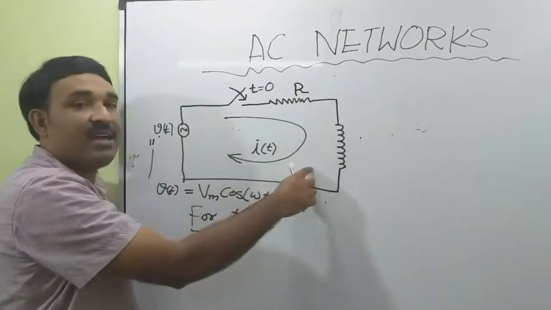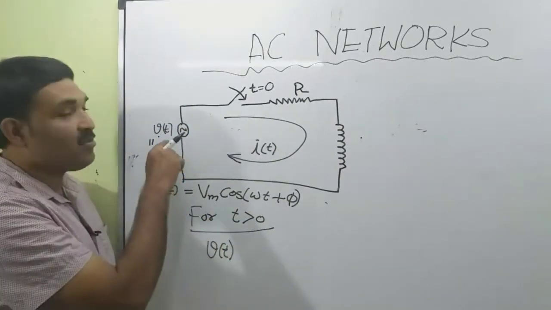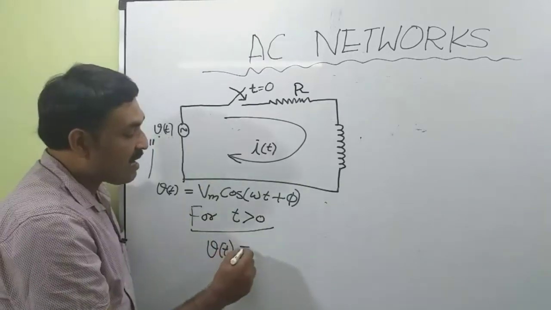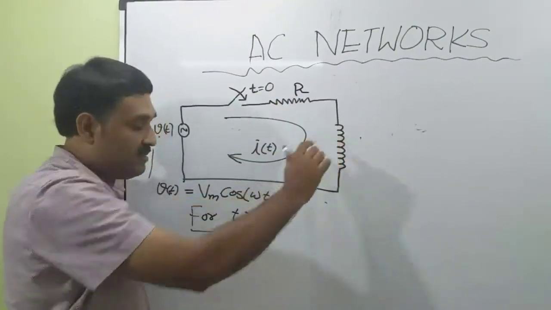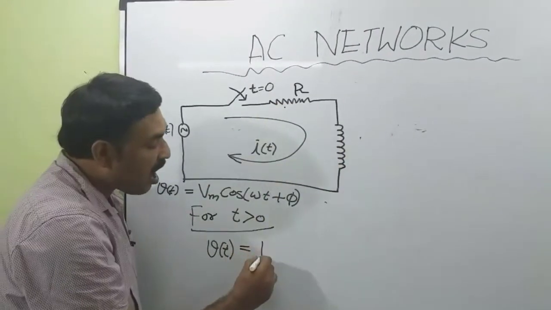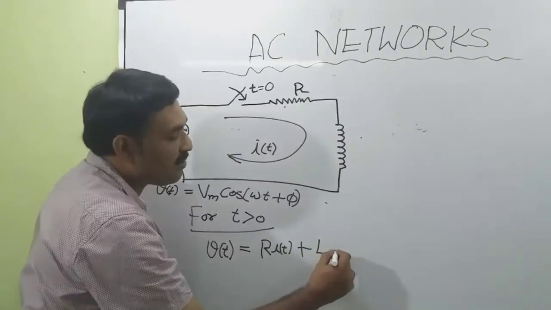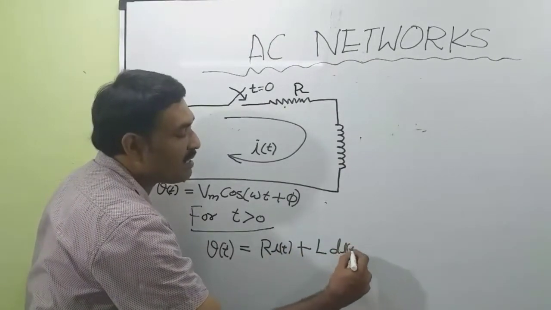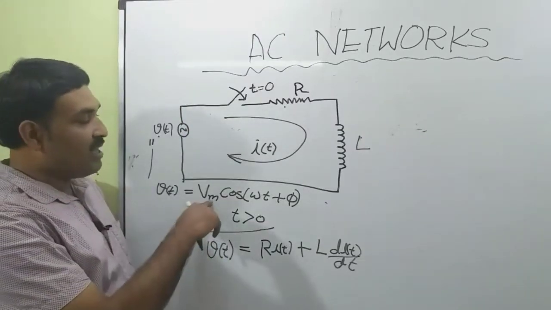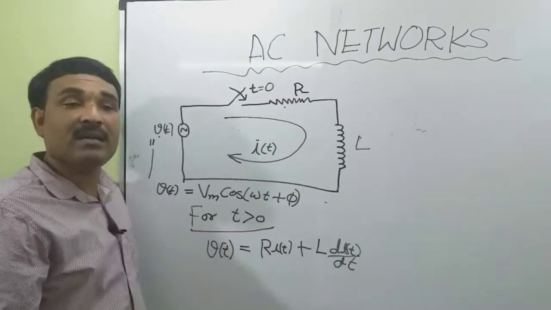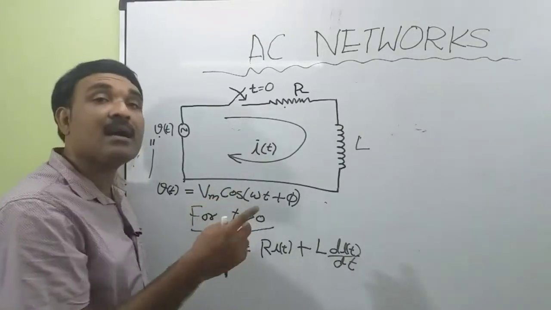So we can write KVL for this loop. V of t, that is the applied voltage or input voltage, is equal to the voltage across this resistance and this inductance. So the voltage across R is R into i of t, plus L into di of t by dt. Now our input is Vm cos(omega t plus phi). This can also be represented in terms of sine, that is Vm sin(omega t plus phi).